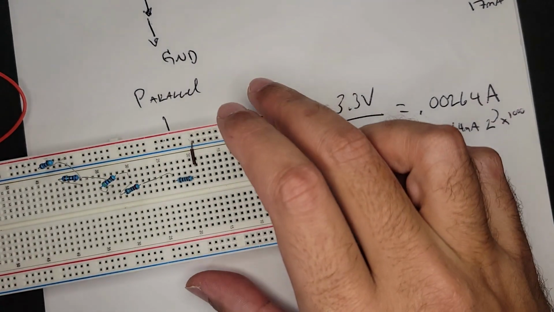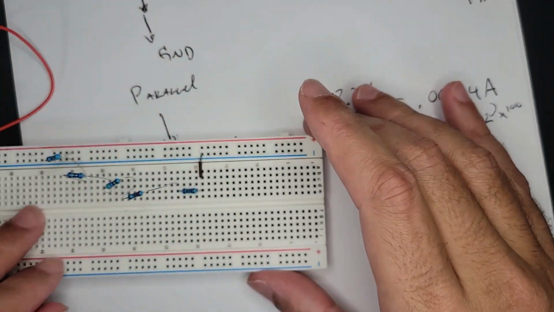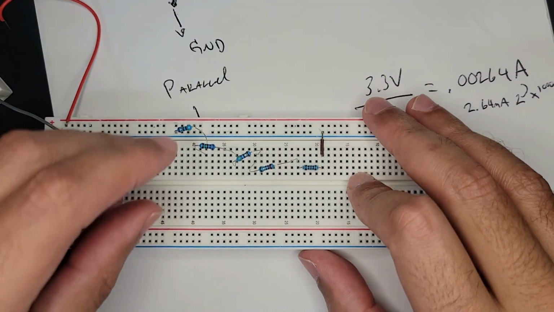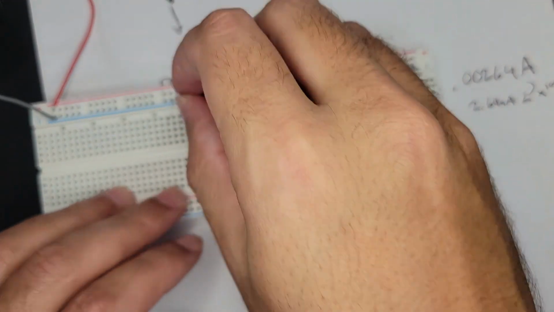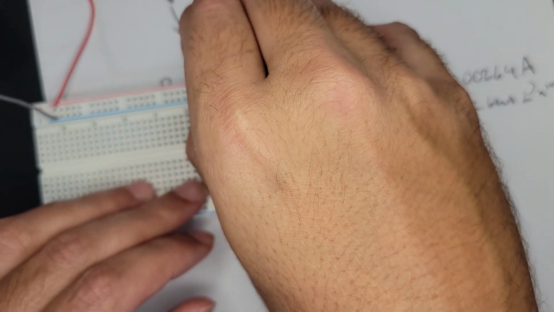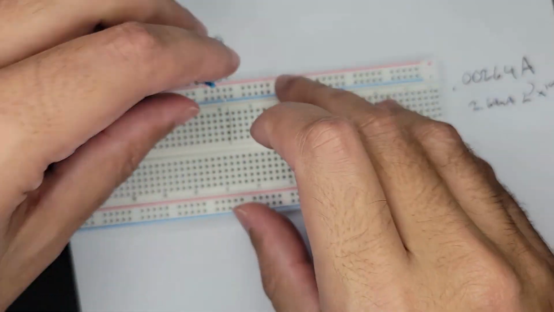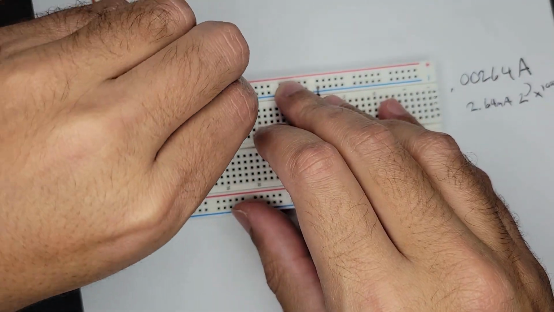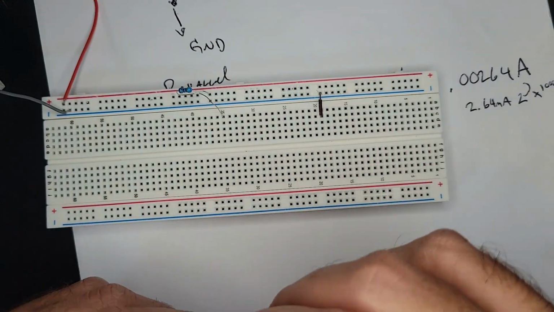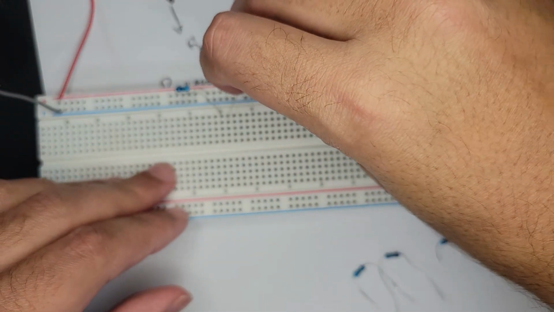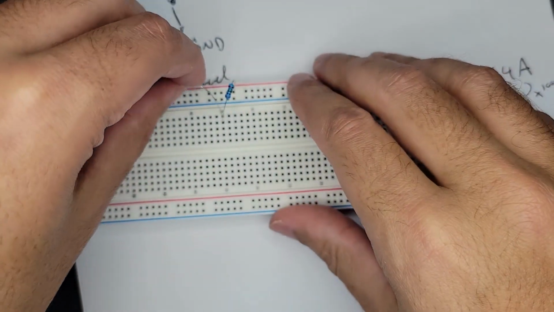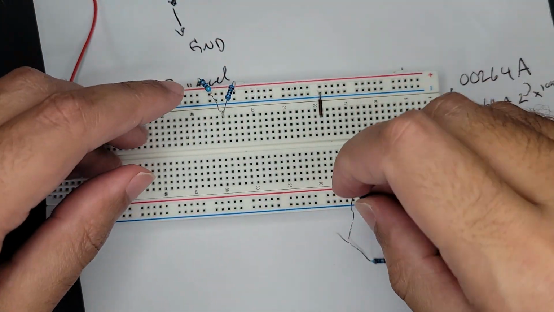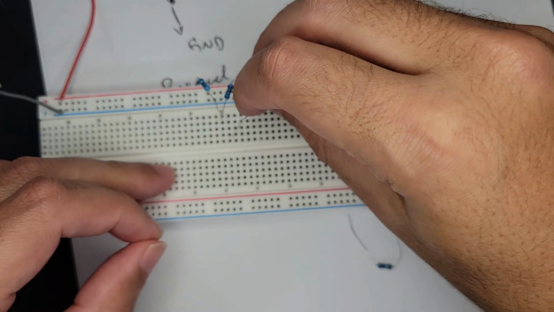Now what I want to do as the last part is just do this in parallel. So let's put them in parallel so that they're all going to the same row. And then we can figure out what the current is in parallel, which I think is important to know because it helps us to be very dynamic and create all sorts of values from resistors.